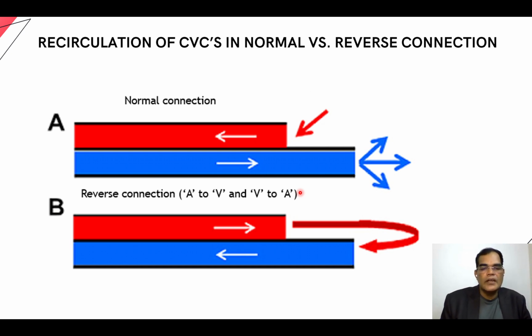As I said in the scenario earlier, sometimes there won't be flow through the arterial cannula, so people tend to reverse the cannula connection. Instead of A, they will connect that into the V and V into the A. So what happens here? A large portion of the blood which is coming back to the patient will again flow back into the extracorporeal set, where the recirculation can go up to 50%. So this is not a great practice.